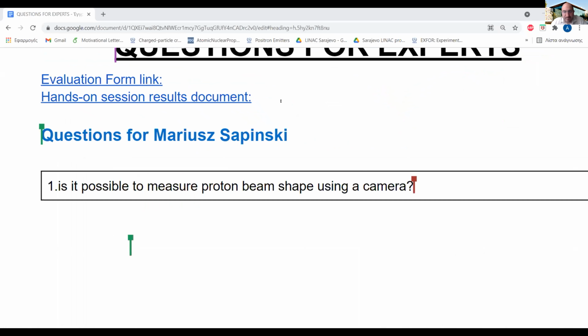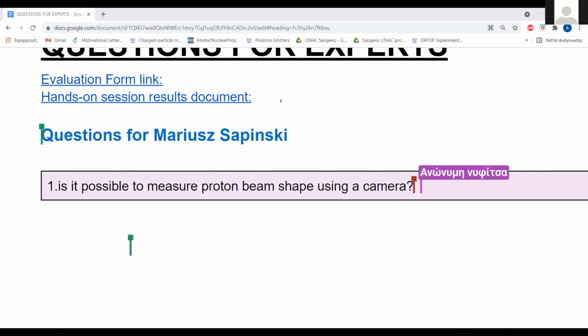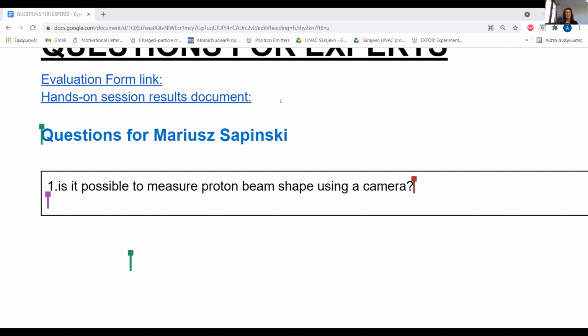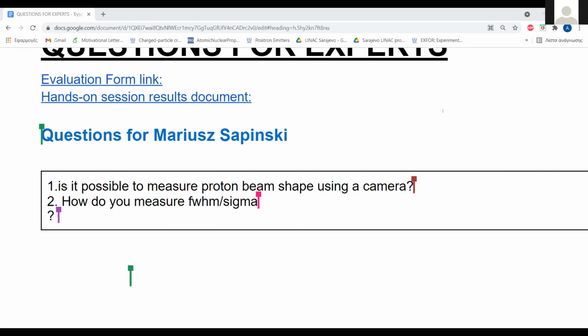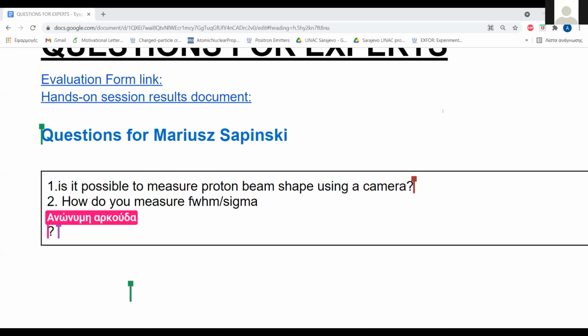Okay, a student of mine wants to ask one question, please. Hello, my name is Mariam, and I have a question about what is the relationship between electron emittance and the beam ion used for treatment.